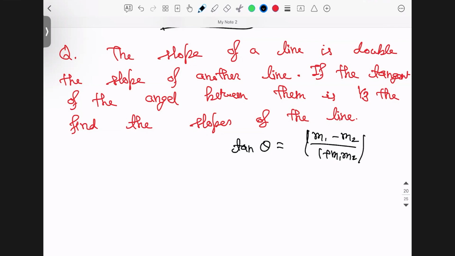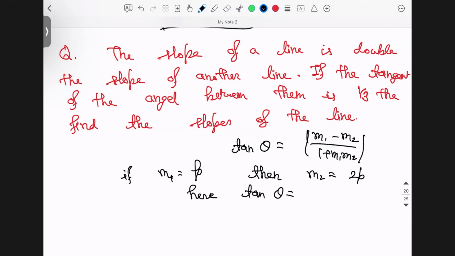One has slope twice the other. So if m1 is p, then m2 will be 2p, and obviously tan theta equals 1/3.